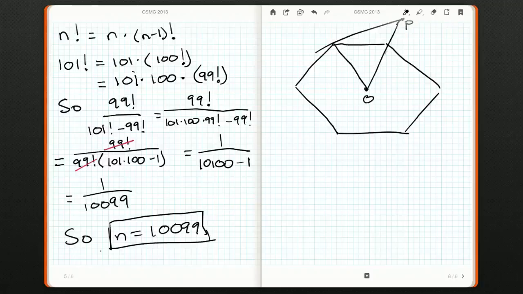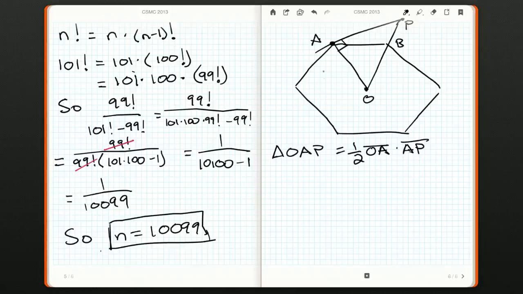This is O. This is B. This is A. So we have a right angle here. So we want half base times height. Well, that happens to be a half OA times AP. So if we can figure out OAP, we should be home free.